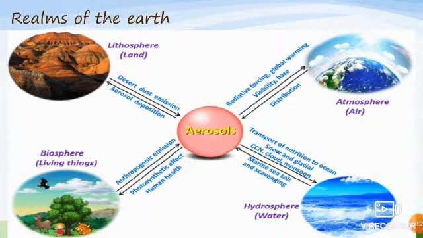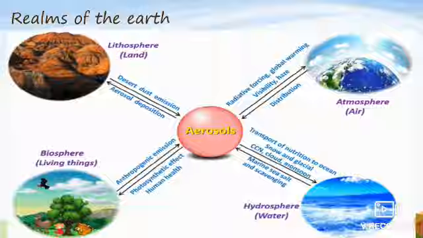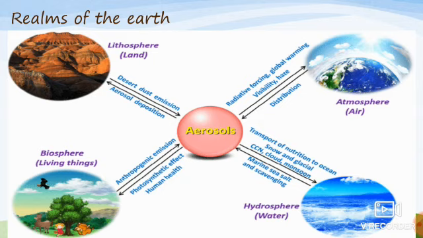Hydrosphere. The word hydro is also derived from Greek, which means water. The hydrosphere consists of water bodies such as oceans, seas, rivers, lakes, ice caps on mountains, tanks, etc.